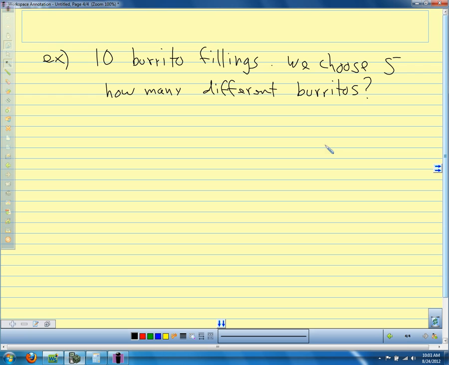So the order of the toppings doesn't make it a different burrito, so the order does not matter. So we're going to do combinations.